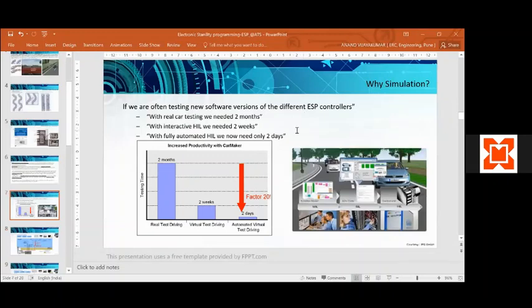The other aspect of the simulation is that it reduces the time tremendously.